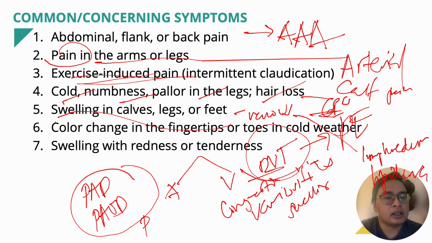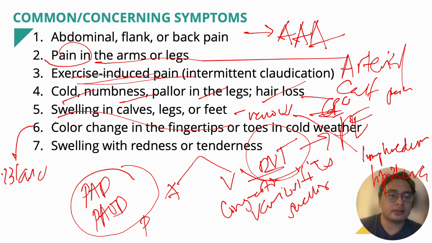Okay. Second to the last, there may also be color change in the fingertips or toes in cold weather. So this is a specific vascular disease called Raynaud's phenomenon. So in Raynaud's phenomenon, upon exposure to the cold, the fingertips first blanch, so they appear white. Then they appear blue or cyanotic.